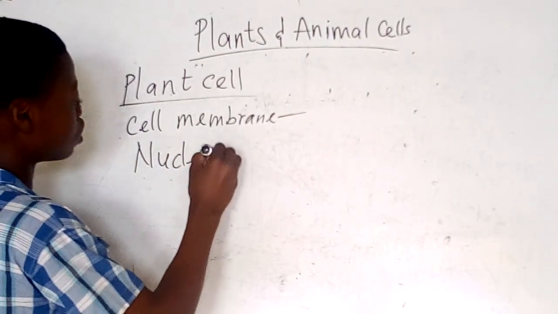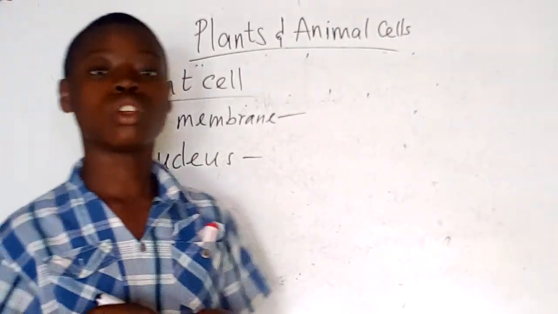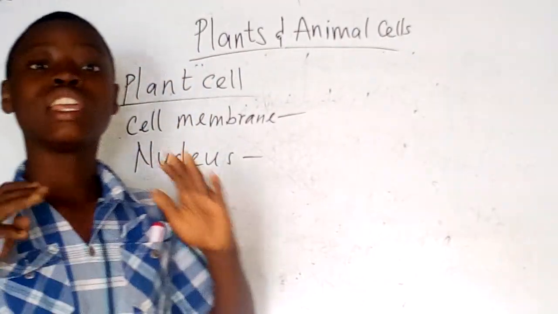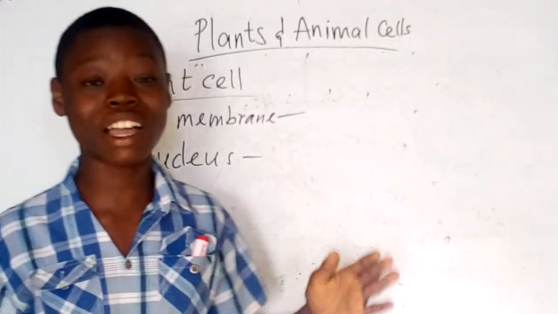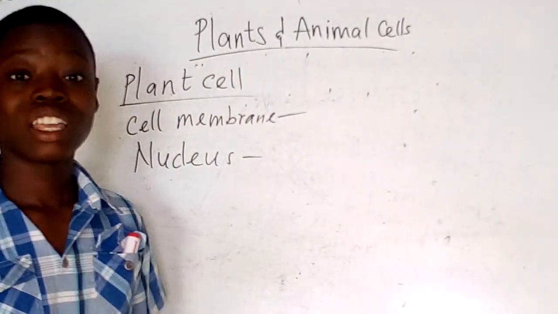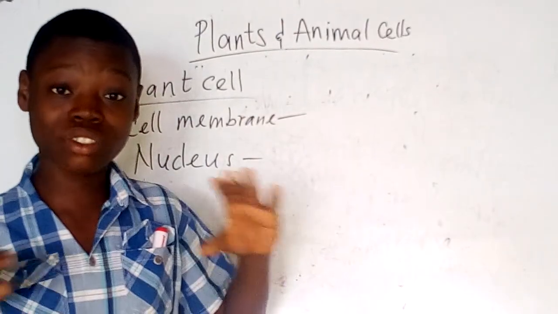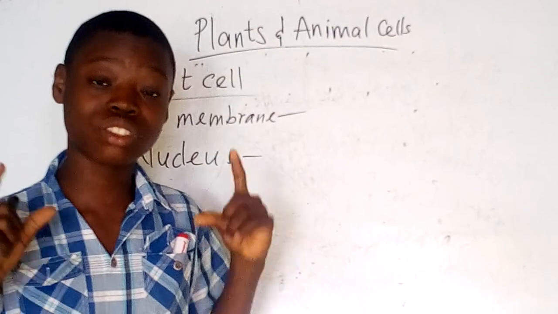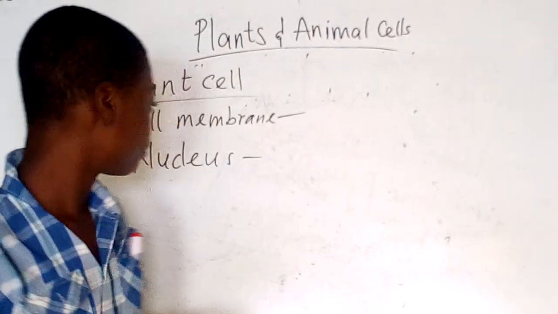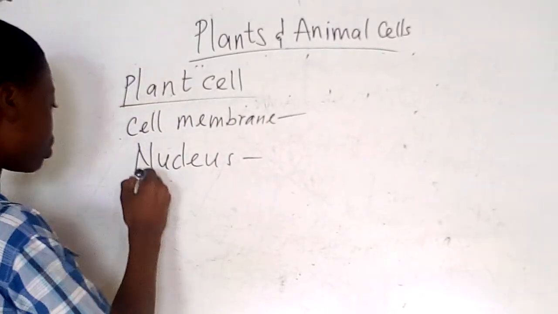Okay, let's go to the nucleus. What's the nucleus? The nucleus is termed as the part of the cell that controls the life activities of the cell. So when you're asked in your examination, the nucleus controls the life activities of a cell. Okay, you're going to the vacuole.